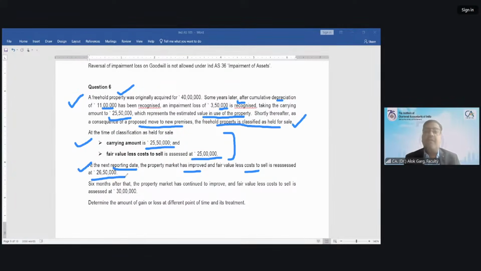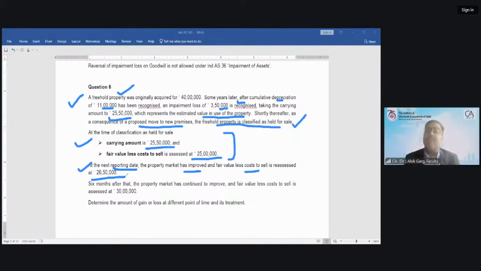And the fair value less cost to sell is how much? 2650. What is the value of NCHFS? 25. So how much is the increase? 150. Should we recognize the increase? Yes, we already have the loss there, 4 lakh.